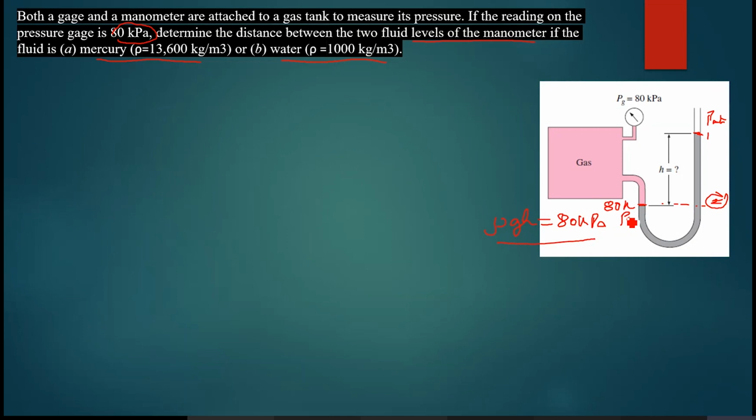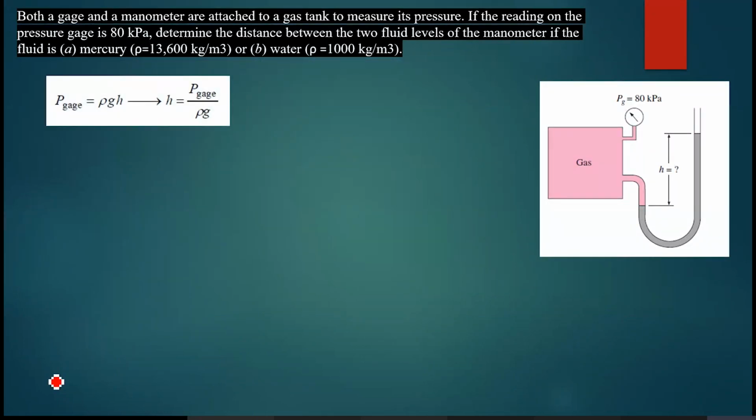Is this point clear to you? Yes. So the gauge pressure is equivalent to rho gh.